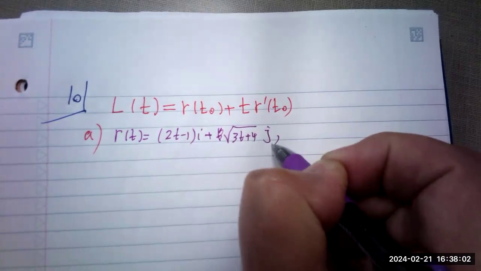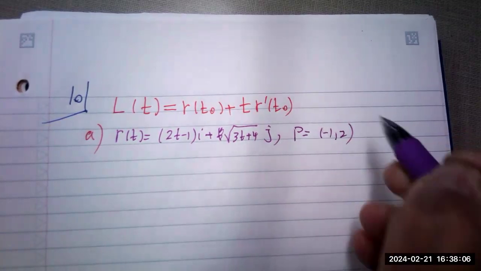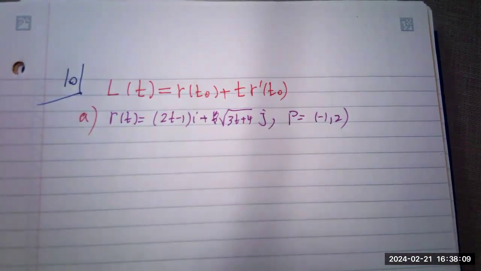That's it, it's two-dimensional, and the point is (-1, 2). You can even do the point right away. Okay, this is it: -1 and 2.